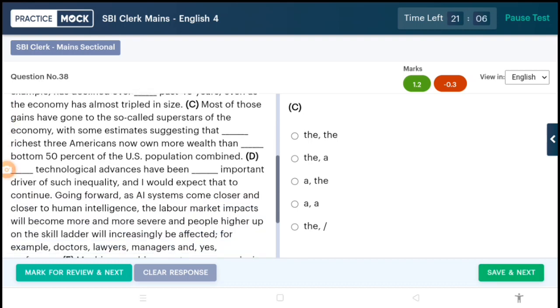Even as the economy has almost tripled in size, most of those gains have gone to the so-called superstars of the economy, with some estimates suggesting that the richest are wealthier than the bottom of the population.